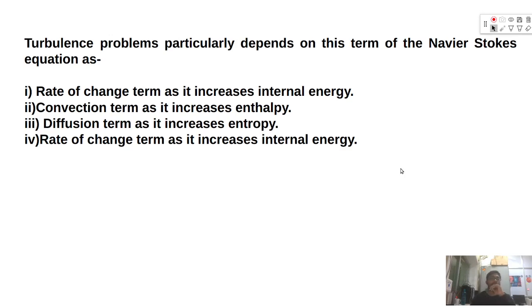So turbulence problems particularly depend on this term of the Navier-Stokes equation. First of all, we need to recall what the Navier-Stokes equation's form is.